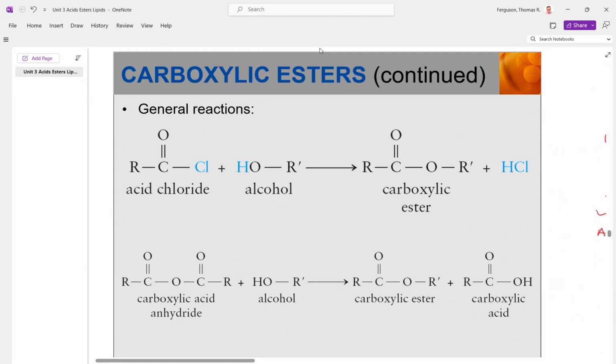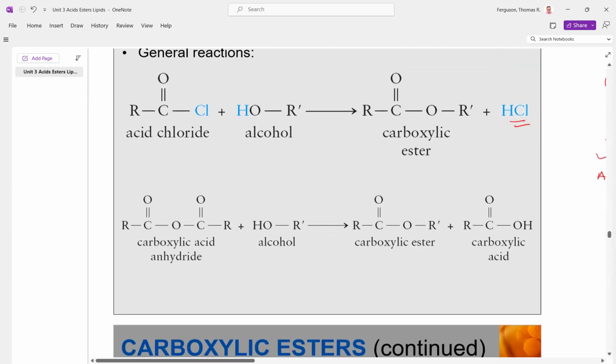Now, all three of those give you the ester. When you're using the acid chloride, you generate, along with that, hydrochloric acid. When you're using the anhydride, you end up generating the acid from which the anhydride was made.